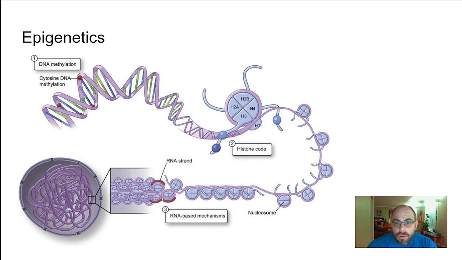Rather than controlling the actual A's, T's, C's, and G's, these are things like molecules or other kinds of chemicals that can be added to the DNA that control gene expression from the outside. There's a lot to do with epigenetics. A lot of studies are being done about epigenetics right now, so it's a fairly complicated sort of thing.